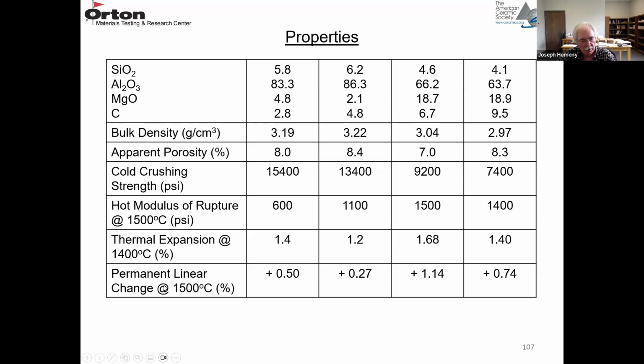But the permanent linear change, the irreversible thermal expansion after 1500 degrees C, they're all positive. So this is maybe 0.5%, 0.25%. This is greater than 1%. This is about 0.75%. So these are a little bit higher because you have a higher MgO content. It's going to form more spinel in this material and these two materials than these two.